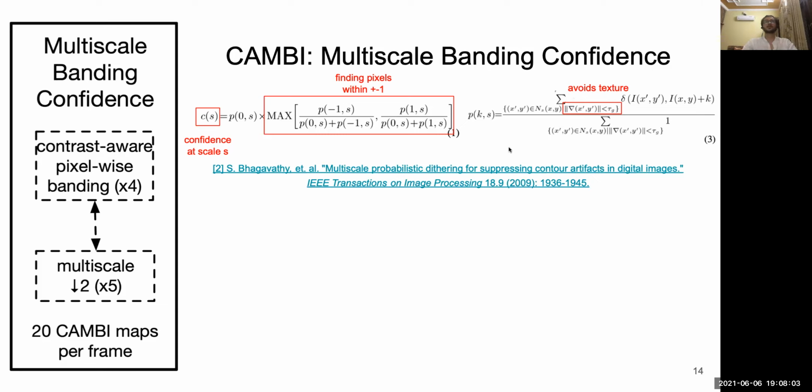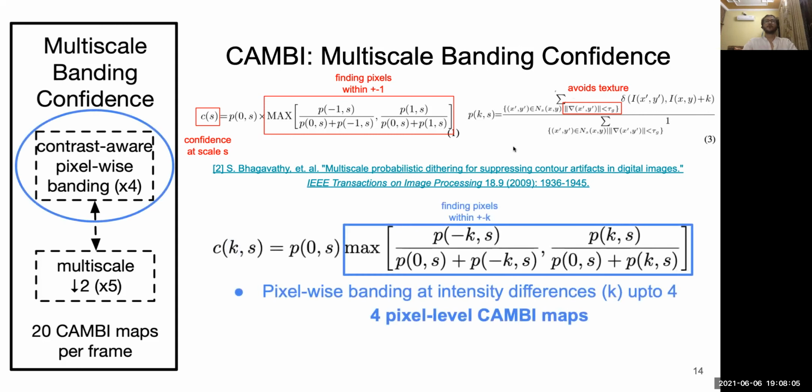Okay, so we modified this approach by first making it contrast aware. Now instead of looking at just pixels within ±1, we look at pixels within ±k. And we basically extract pixel-wise banding maps at these different intensities. In our work, we chose 4 pixel-level CAMBI maps because we are upscaling our encodes from 8-bit to 10-bit.